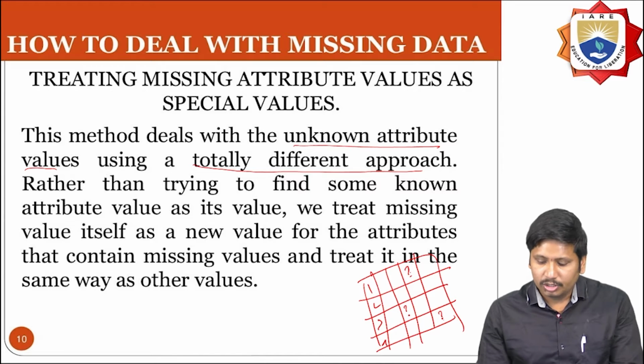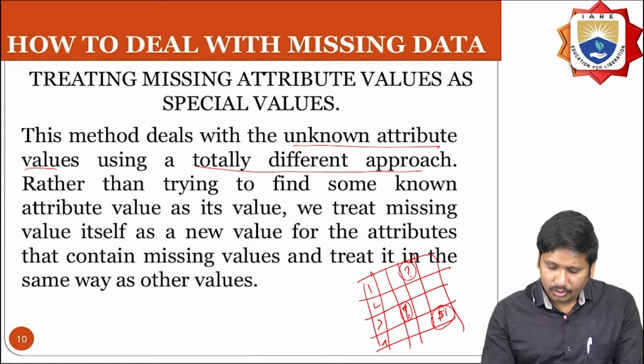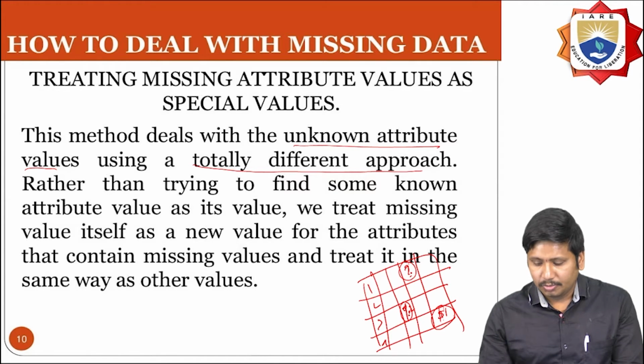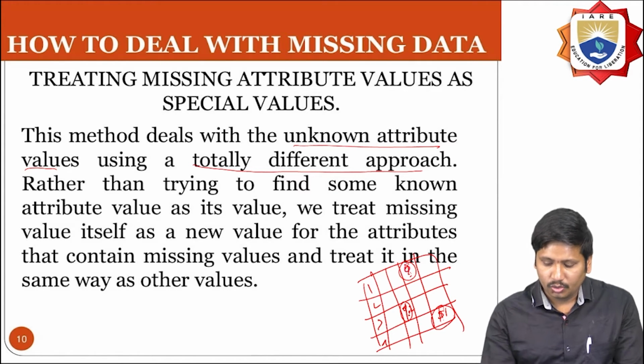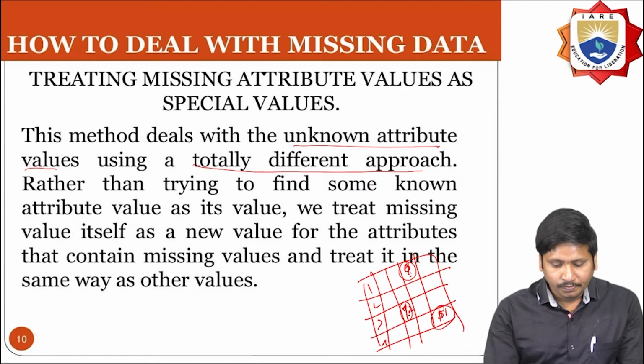Through this method, whatever value I'm missing in this table is maintained with some special values like $1, or I can use %2, and then a question mark like that. I can put some special values here, 0 or null, whatever it may be. Like this I can fill the table where I had missing values, through this method.